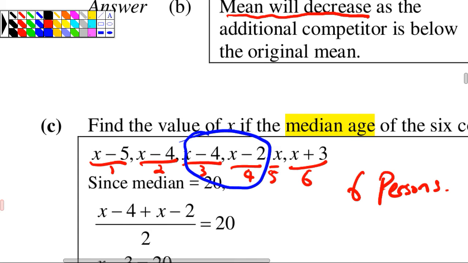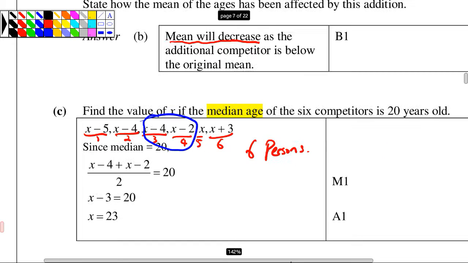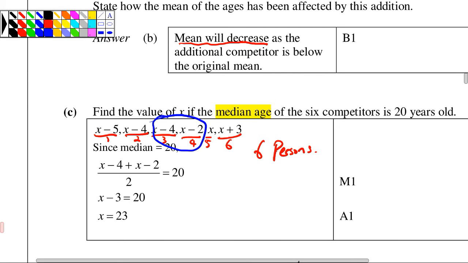The 3rd and the 4th person, then I divide by 2. So you take these 2 plus together, divide by 2. So that's the answer. And they say the median is 20, right? The median is 20. Then you add together, divide by 2, is 20. Then you find out the value of X.